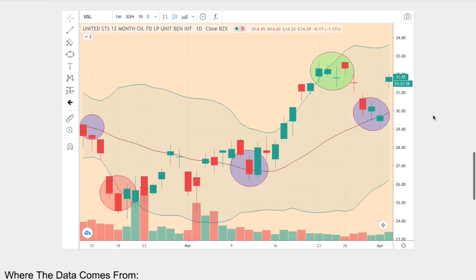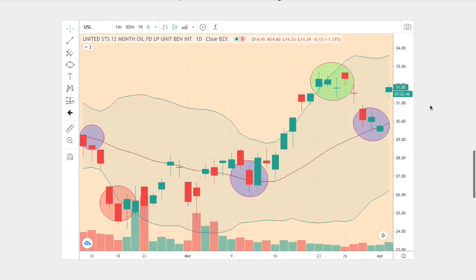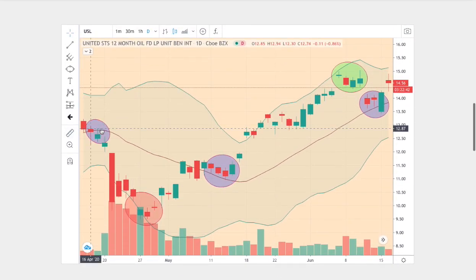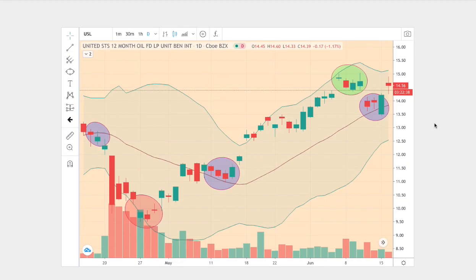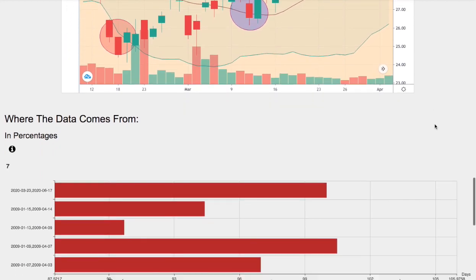Now in the trend in question, we start off at the middle Bollinger Band, proceed to touch the bottom band, again revert back to the middle band, then the upper band, and finally the middle band towards the very end. So what we have here is 1, 2, 3, 4, 5 points. We also have 1, 2, 3, 4, 5 points on the current trend, so there's reason to believe that the trends and patterns are somewhat the same. The outcome and forecast should be fairly the same.